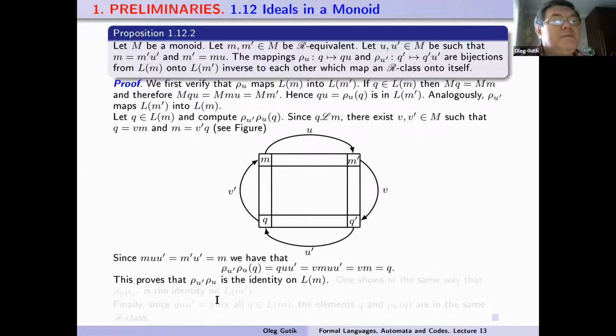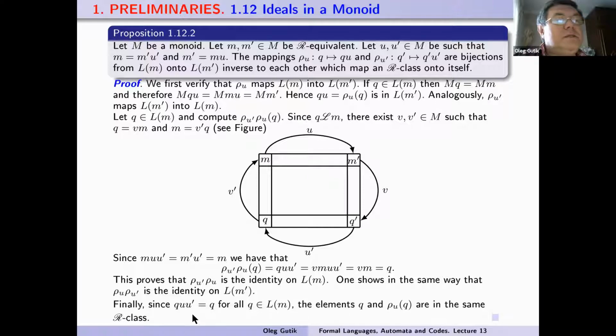This proves that the map ρ_u'ρ_u is the identity on the class L(m). One shows in the same way that ρ_uρ_u' is the identity on the class L(m').